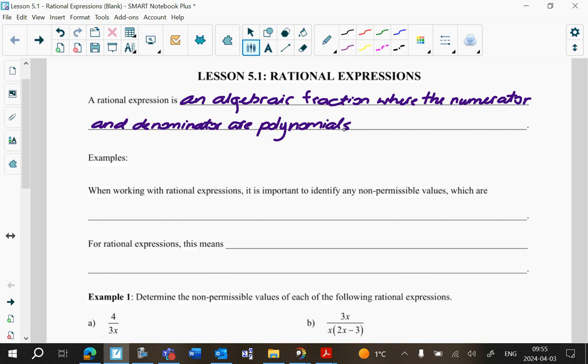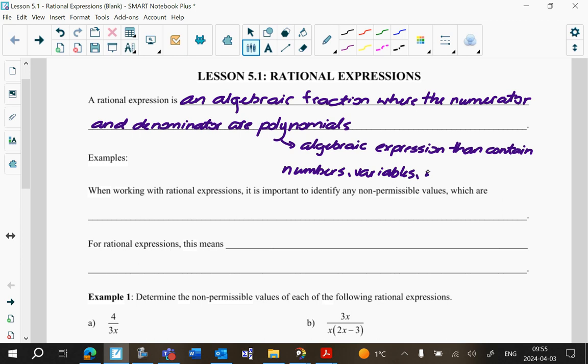A polynomial is an algebraic expression that can contain numbers, variables, could also be exponents, but it has to be whole number exponents.